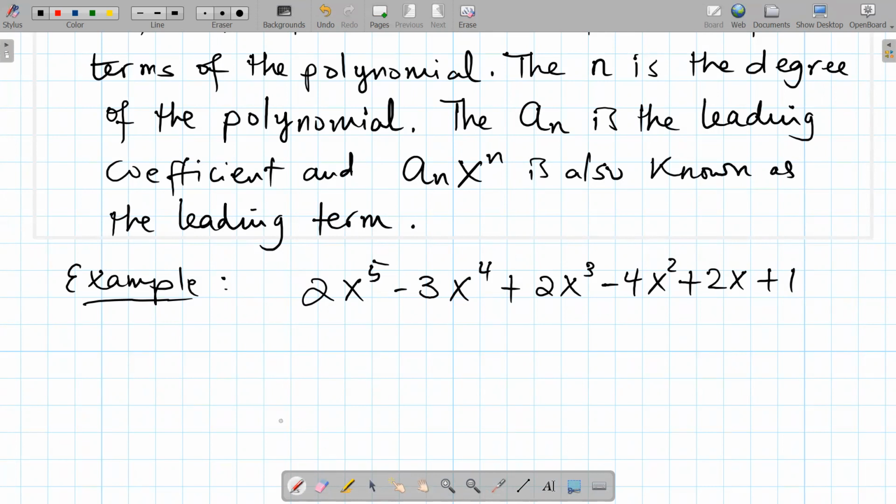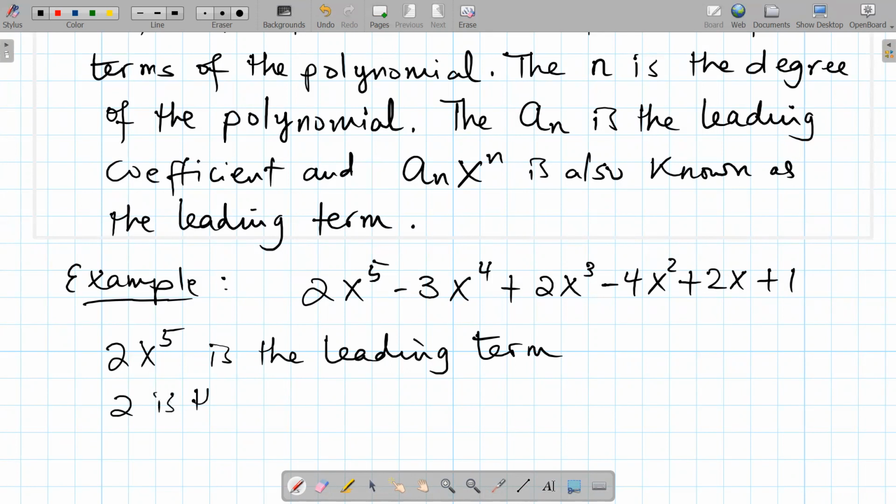In this case, 2x raised to the 5th power is what we call the leading term. The 2 there in front of the x is the leading coefficient.